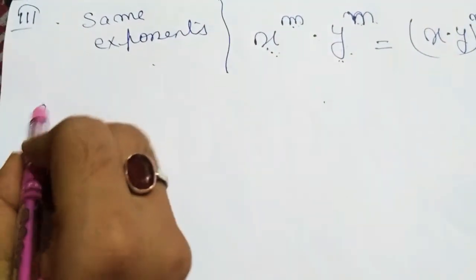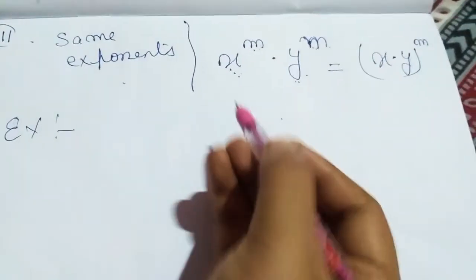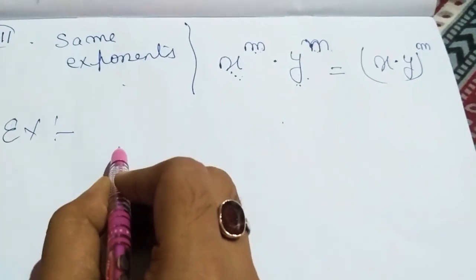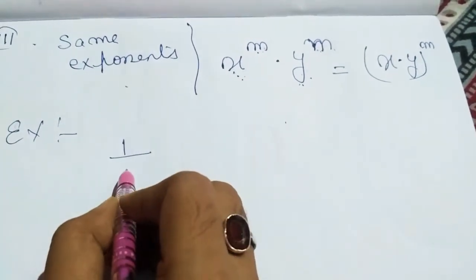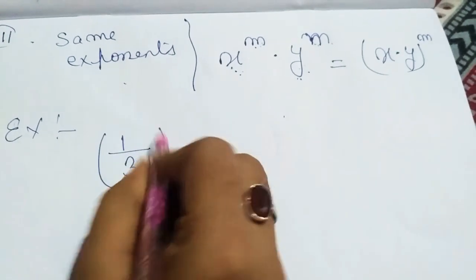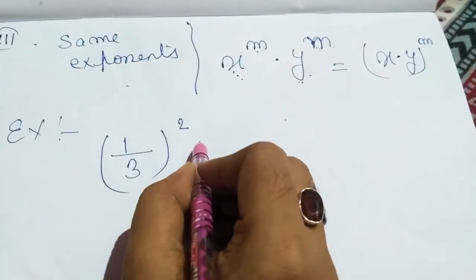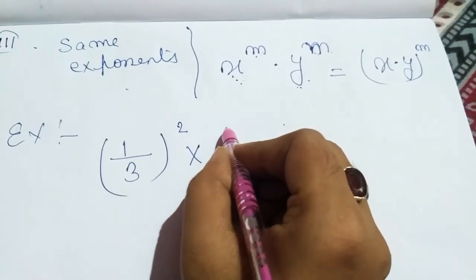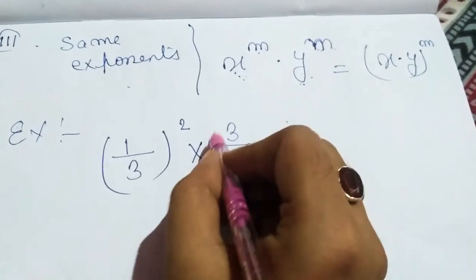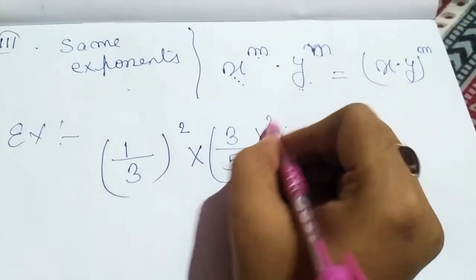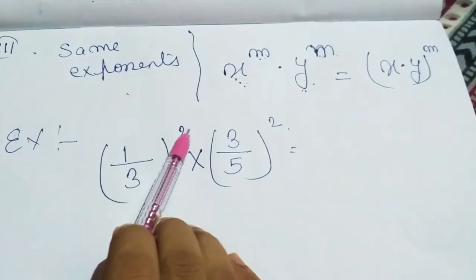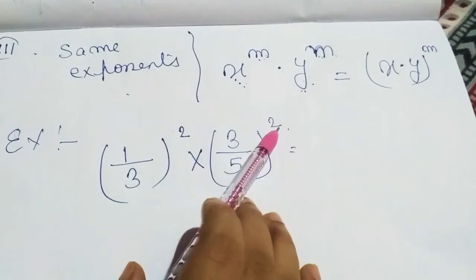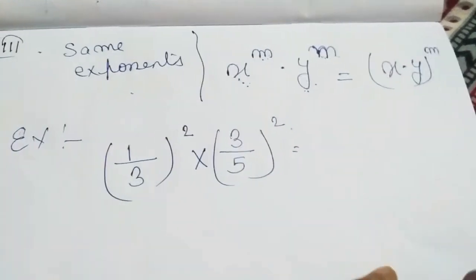Let's take an example here. 1/3 to the power 2 into 3/5 to the power 2. You can see powers, exponents are same but bases are different.